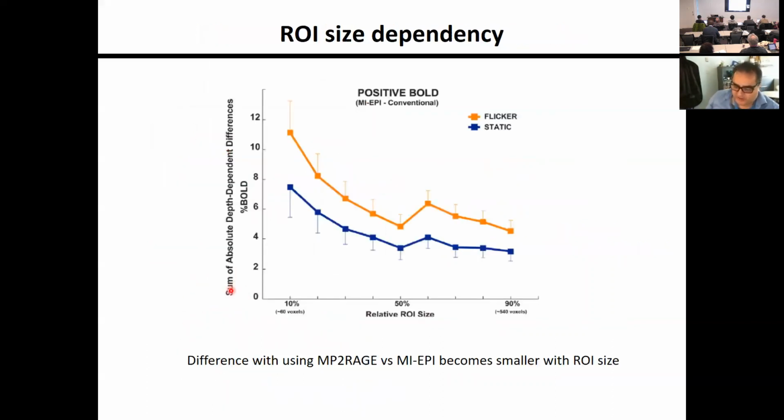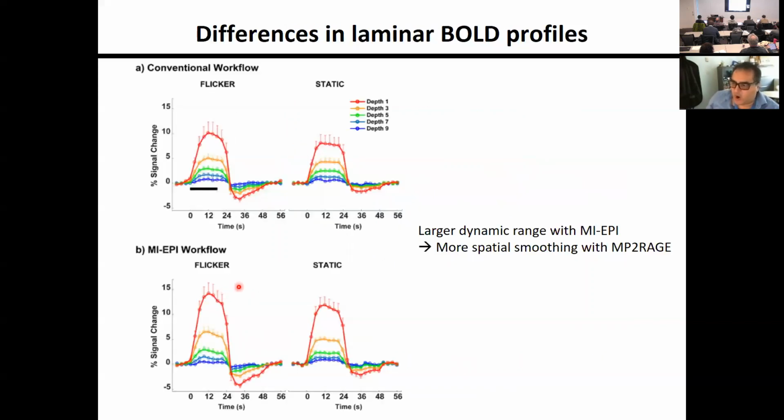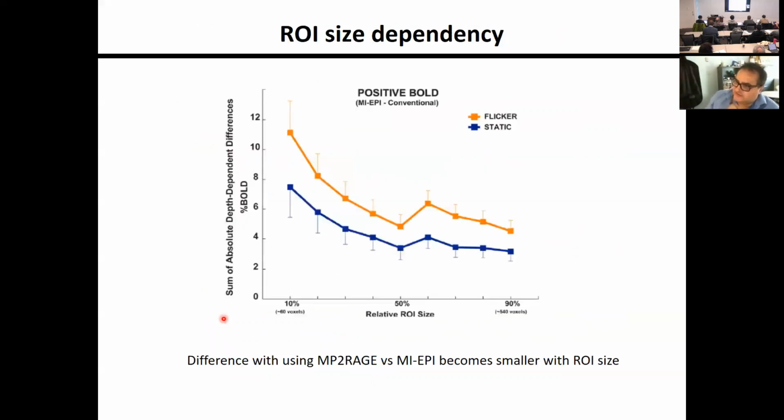Now, we have also evaluated how big these differences between the two approaches are, depending on the ROI size, because obviously if you have a small ROI, then you might get certain differences. If you have a large ROI, you might get other differences between these two workflows. What you see here, just look at the orange line.